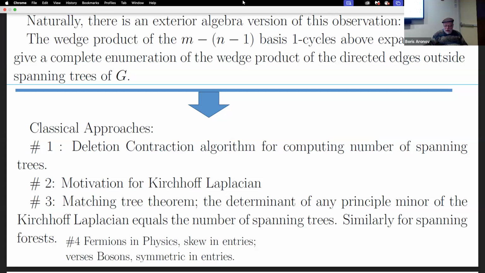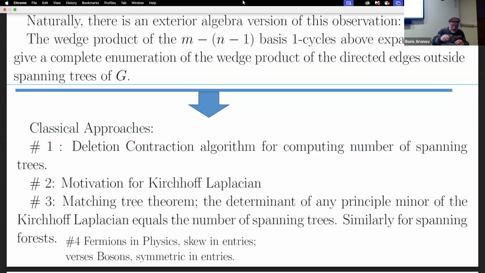Anyway, all of this connects up to various other classical subjects, which I could mention here. They've already been implicit in some of what I've said. But one is that there is the number of spanning trees. There's actually an algorithm for computing it by deleting and contracting a graph into pieces.